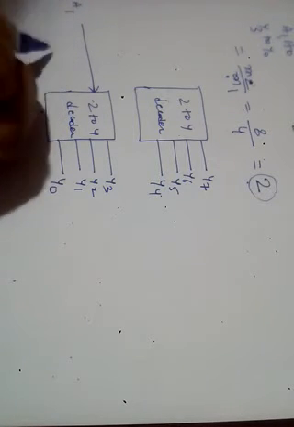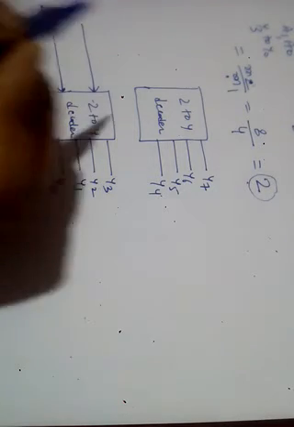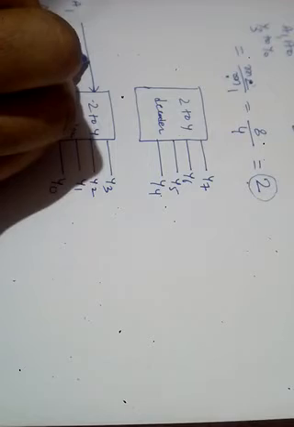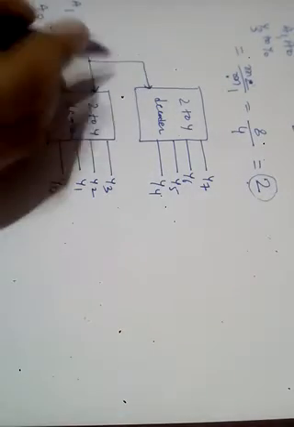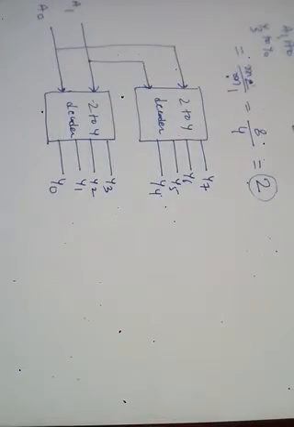So this is A1 and this is A0, and these 2 inputs will be applied to both decoders, and we need one enable input.